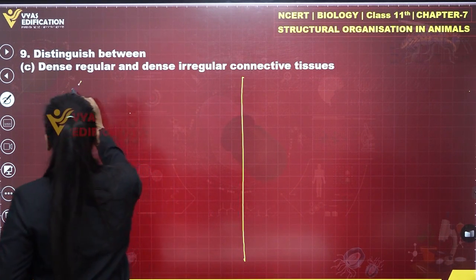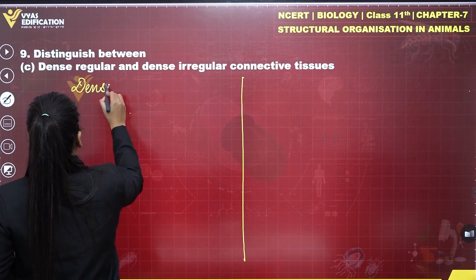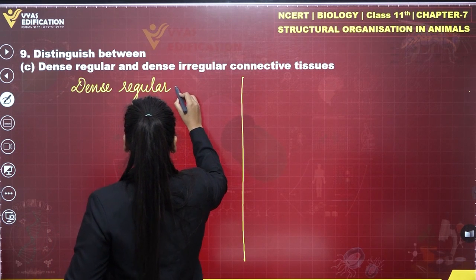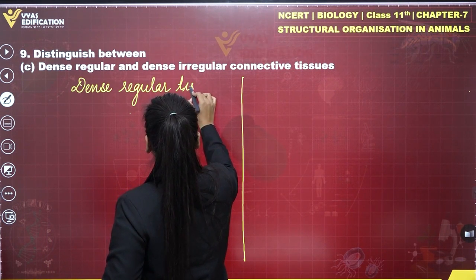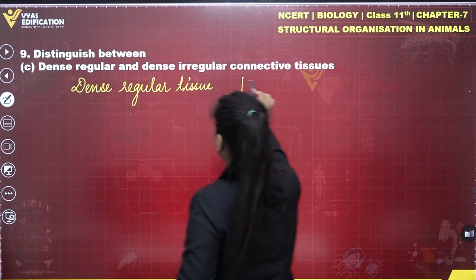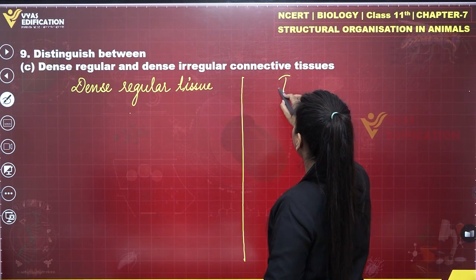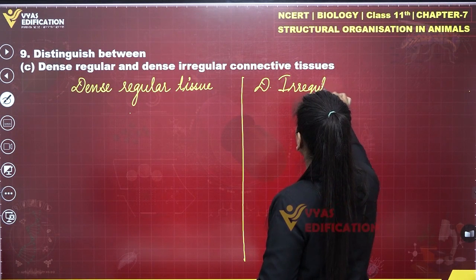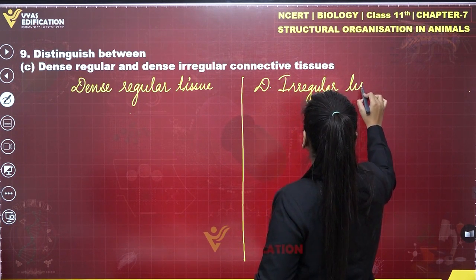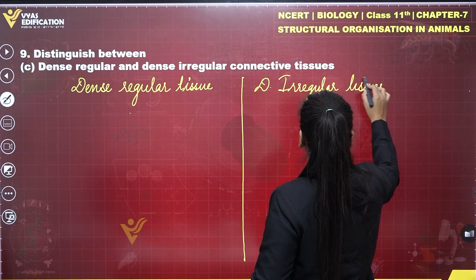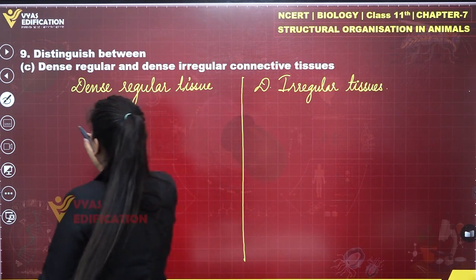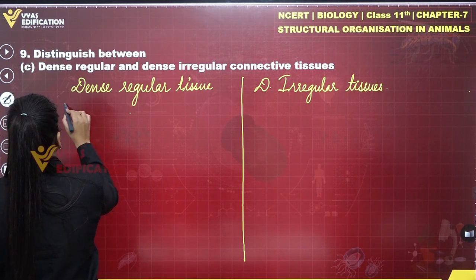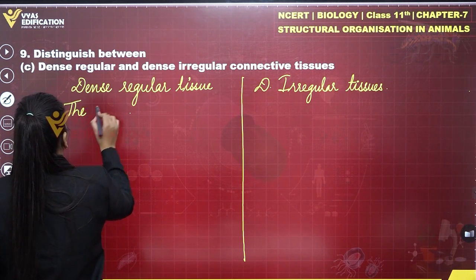In the left column we are going to discuss dense regular tissue, and in the right column dense irregular tissue.